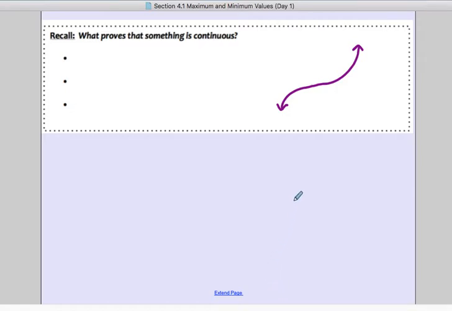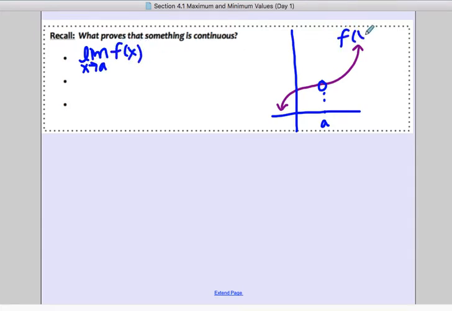So how do we make sure that this happens? Well, if this curve is on here, and let's say that this is point A, the limit as you approach A from the left and the right has to exist. So the limit as x approaches A of f of x, I'm going to call this function f of x, must exist.